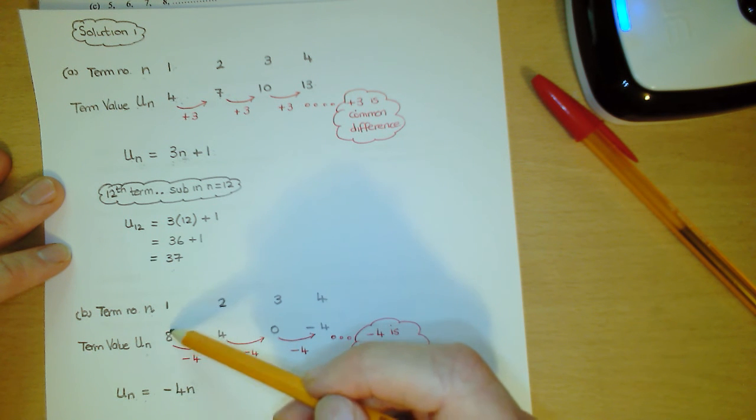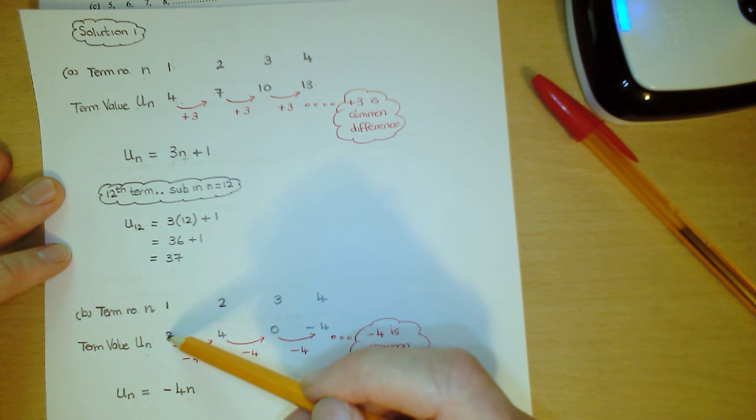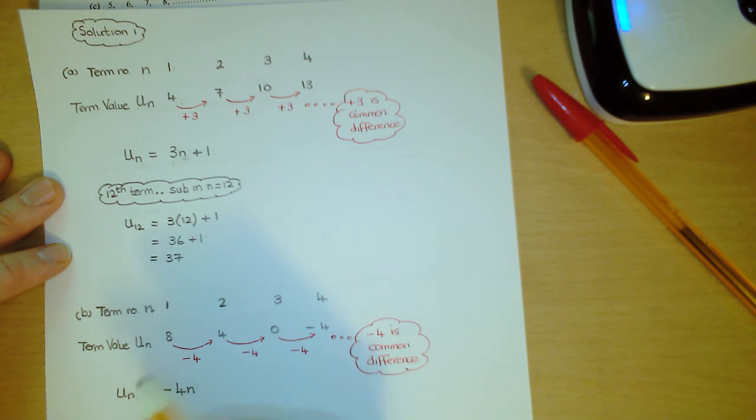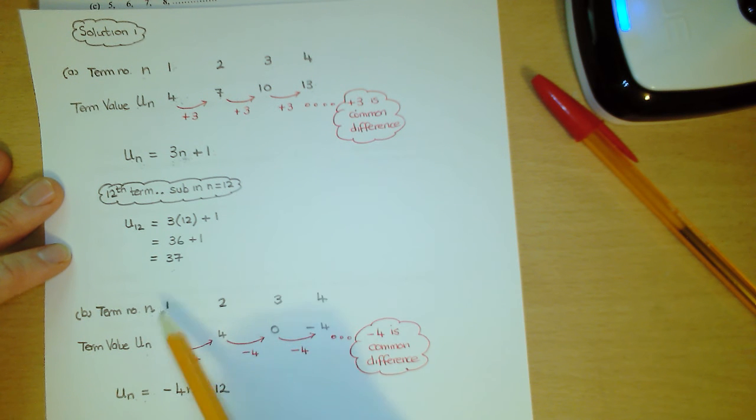But we want it to be 8. So you've got to ask yourself, how do you get from minus 4 to 8? Well, you're going to have to add on 12. So that's what I'm going to do. I'm going to add on 12. So I'm modifying the nth term formula. So let's check, does it work for the first two numbers now? So when you sub in n as 1, you want to get an answer of 8.